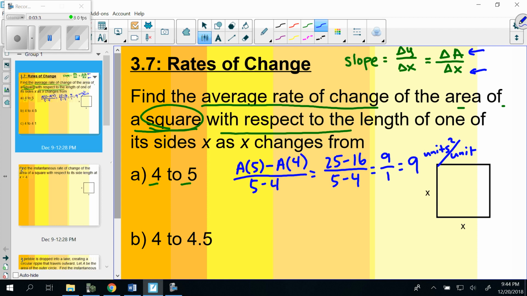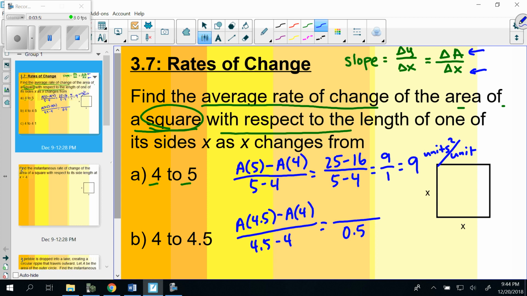All right, let's see what would it be if we went from 4 to 4.5 now. So now we want to find the area at 4.5 minus the area at 4 over our side length changing from 4.5 to 4. So similar on the bottom, if we subtract those, we get 0.5.